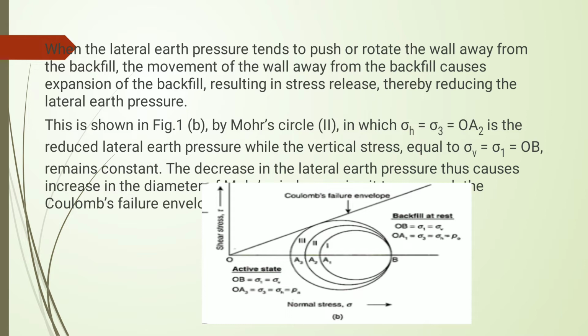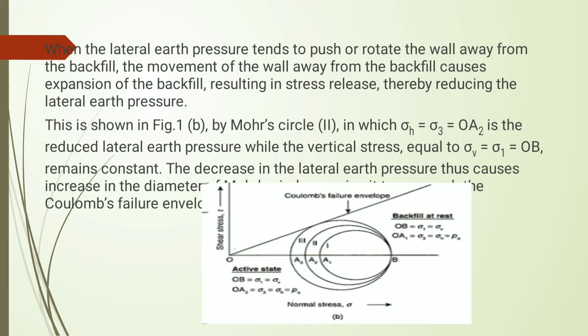When the lateral pressure tends to push the wall away from the backfill, it causes expansion of the backfill, resulting in stress release, thus reducing the lateral earth pressure, and the diameter of the Mohr circle is increased. This is shown in figure 2, that is zone 2, that is OA2.